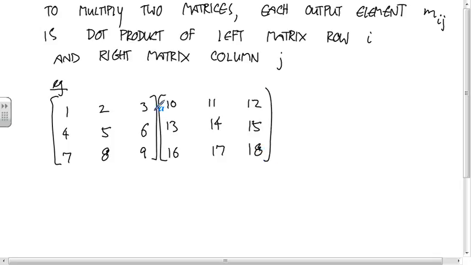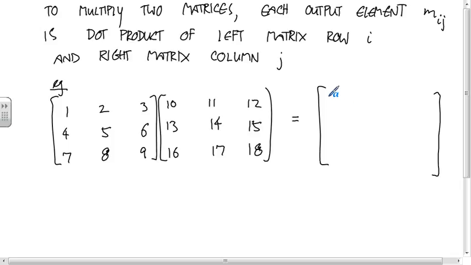Those are just arbitrary values I chose for those elements. You're going to come up with an output matrix.